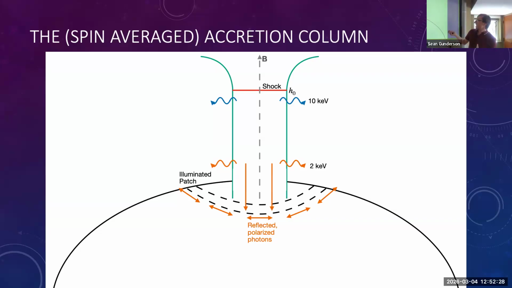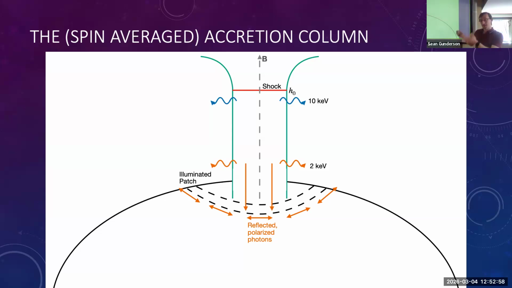But in reality, we just have enough 2 keV photons that as the gas cools falling down, we get reflection off the surface at the polar cap into our line of sight. So this is really cool to actually say with confidence that this is the geometry of an accreting intermediate polar. When in reality, for the longest time, we just kind of assumed, and the assumption worked really well.